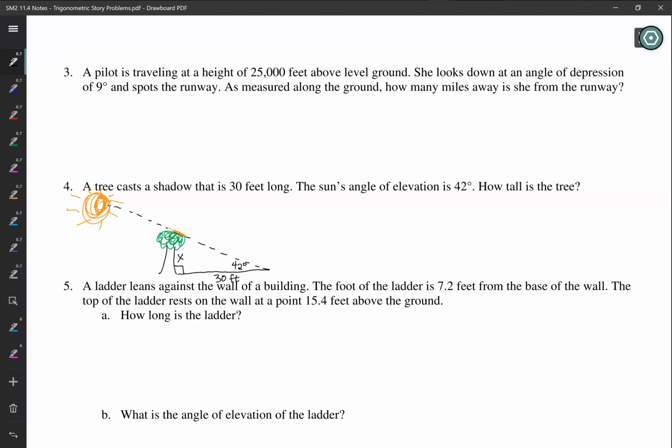We'll call that X. So X is opposite your 42-degree angle, and 30 is right next to it, but not the hypotenuse, so that would be adjacent. We have yet another TOA problem.